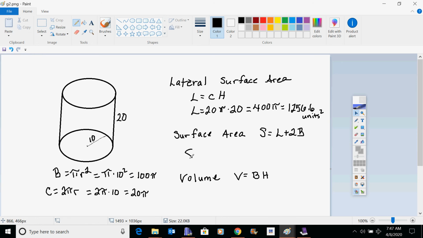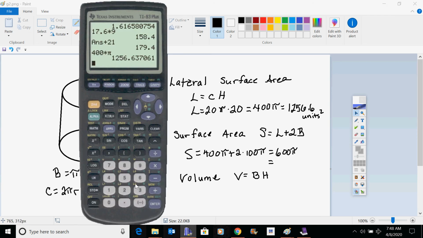So our surface area here is L. I'm just going to leave it in terms of pi here because it's easier. I have 400 pi plus 2 times 100 pi. So that would give us 600 pi. And we'll simplify that out. 600 pi.